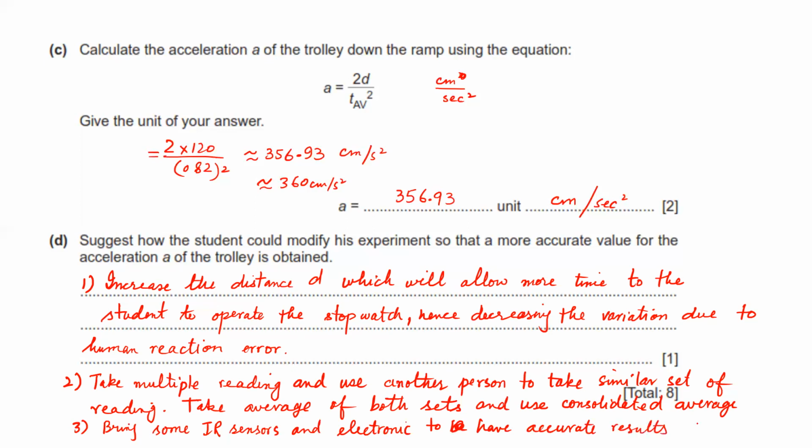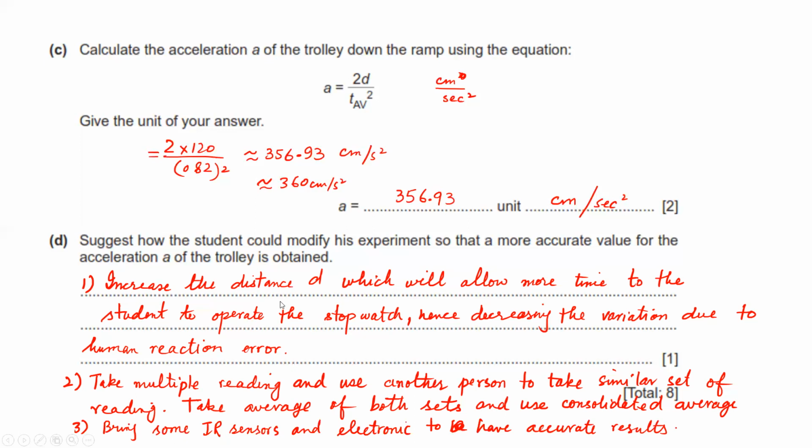So bring some sensors and IR electronics to get some excellent results. But I would say the first, or in a way the second option, will give him more time and overall reduce the effect of human reaction time, or give him more time to operate the stopwatch, and in a way this decreases the overall variation.